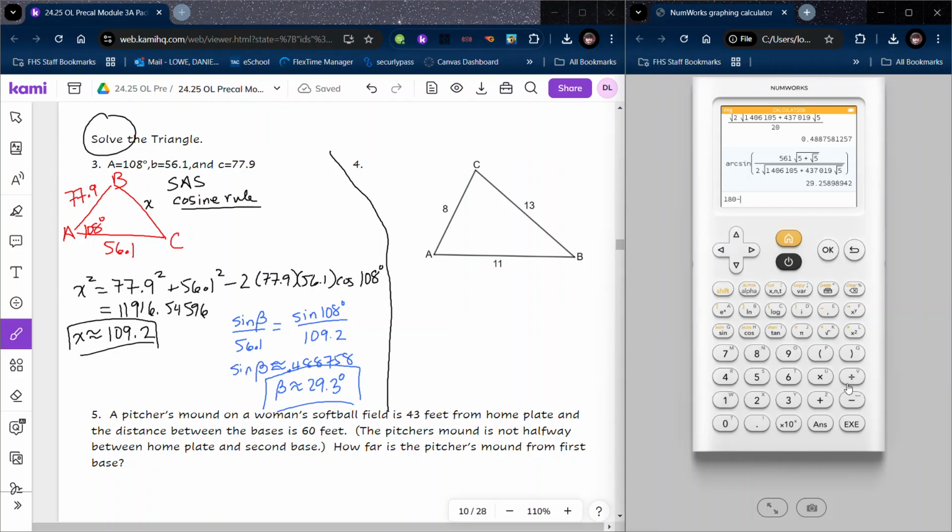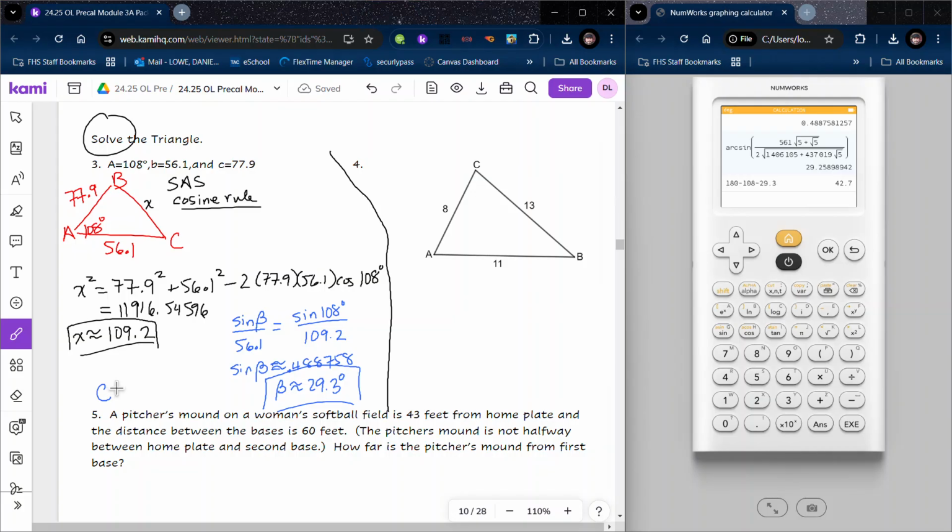So angles add up to 180. So 180 minus 108 minus 29.3 gives us the angle C is approximately 42.7 degrees. And now I have solved the triangle. I have the three sides and I have the three angle measures.